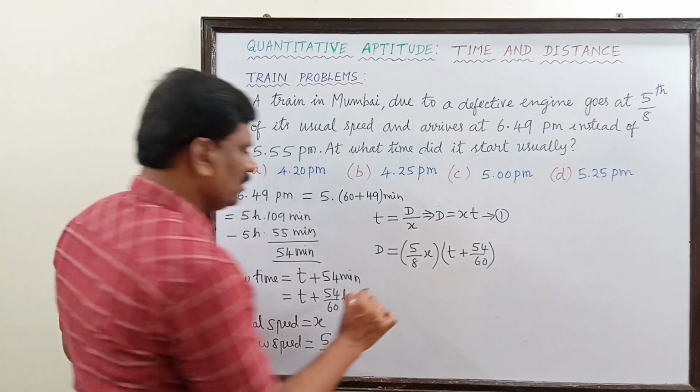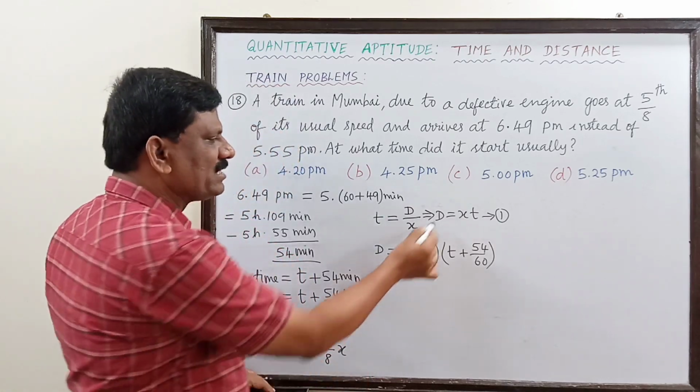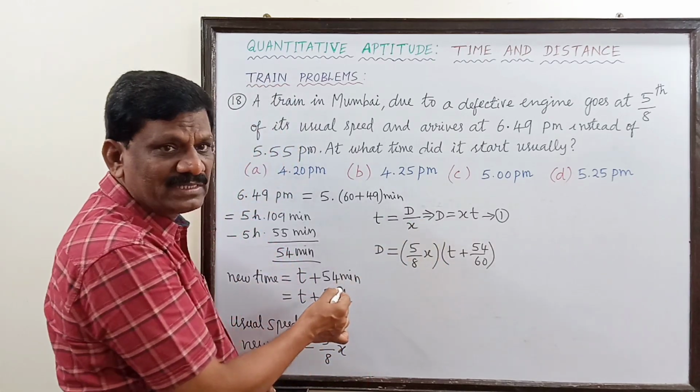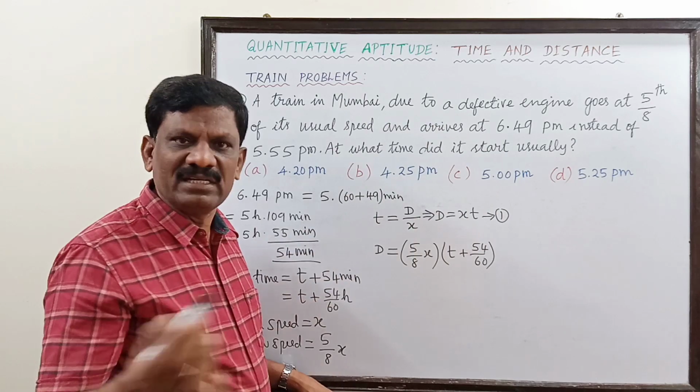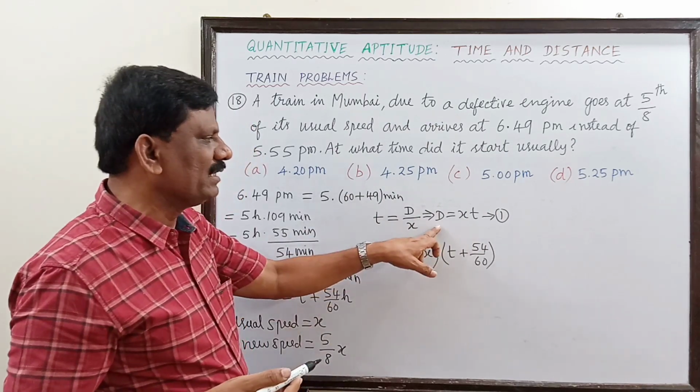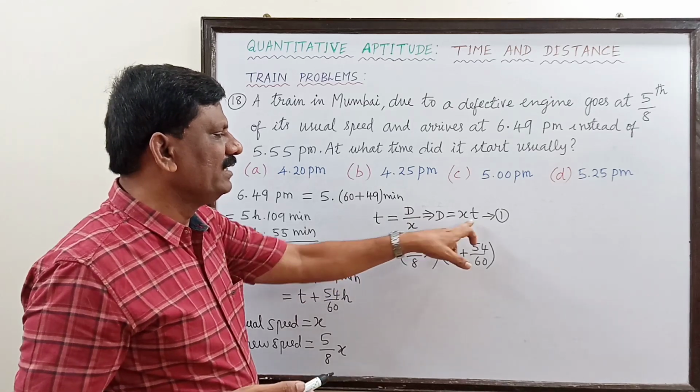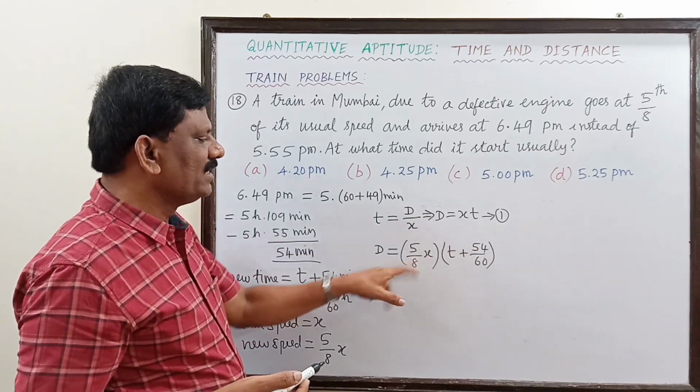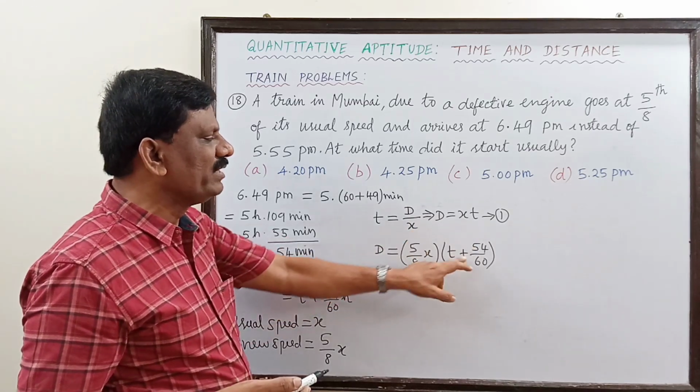The same distance is traveled in both situations, because from Mumbai to the reaching station the distance will be the same whether you go slower or faster. That is the clue here. So d is equal to xt, and d is also equal to 5/8 of x into t plus 54 by 60.